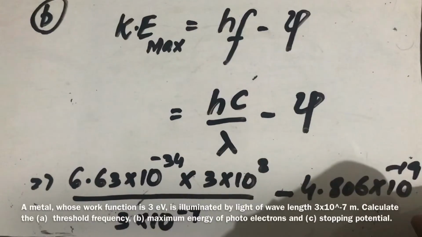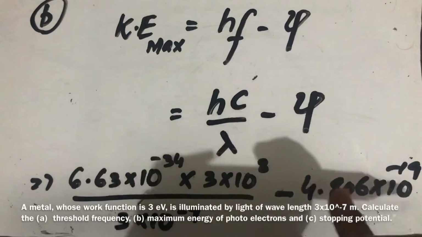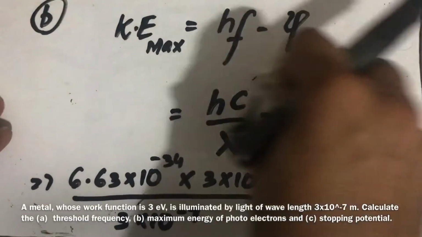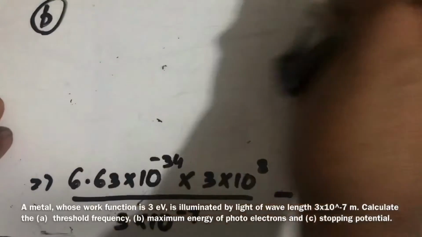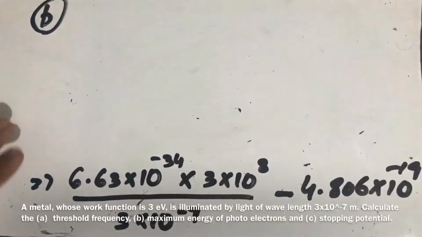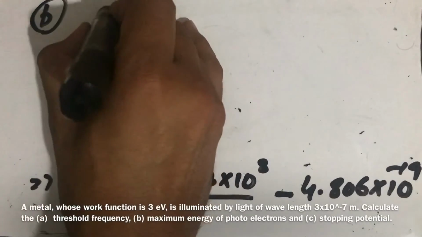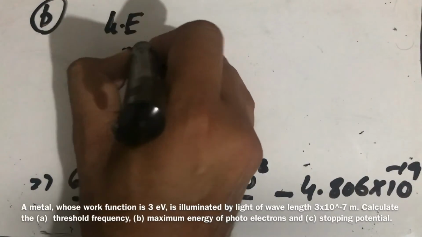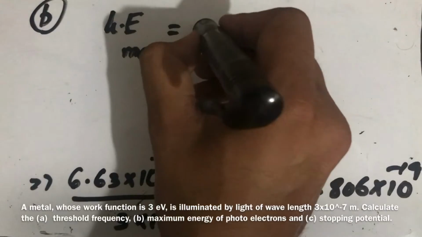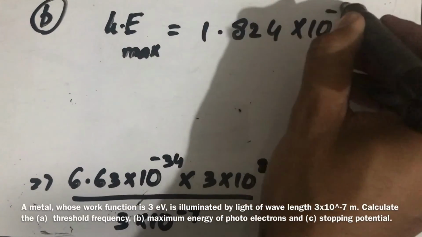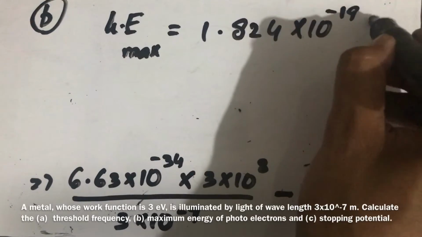So just multiply, divide and subtract the values yourself, and after calculation you will get the maximum kinetic energy, which is equal to 1.824 times 10 raised to power minus 19 joule.